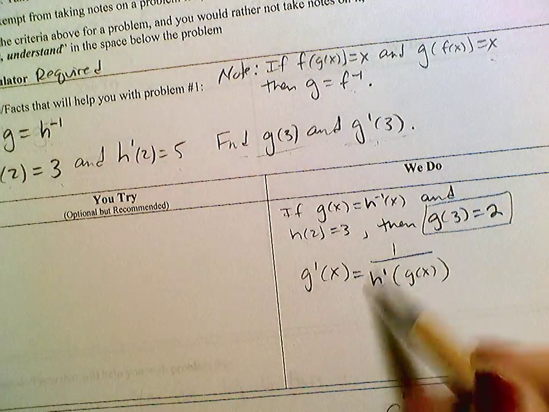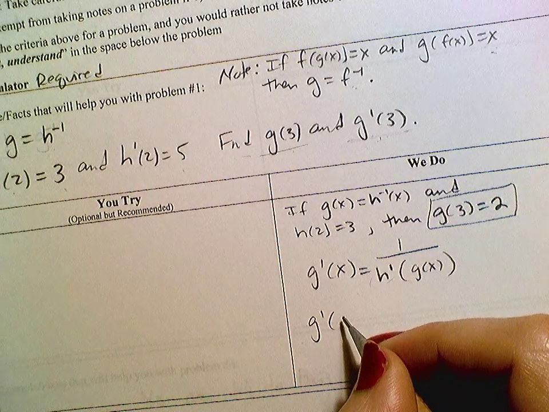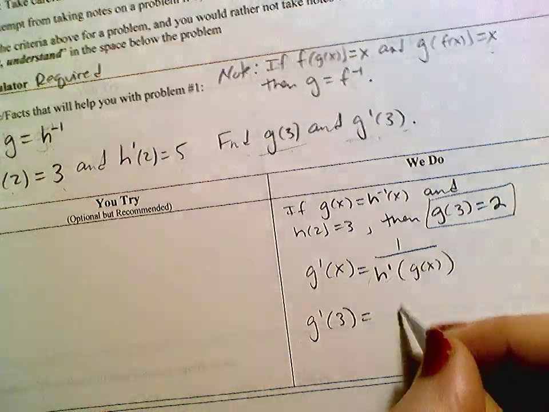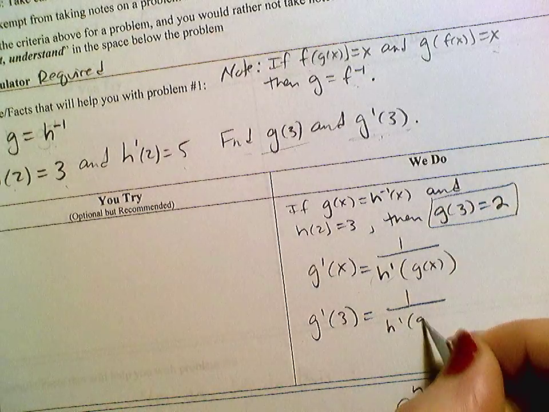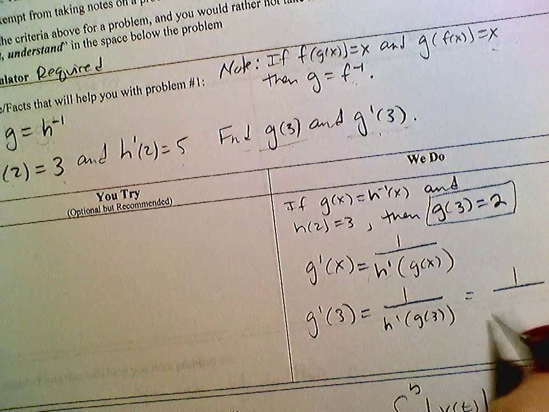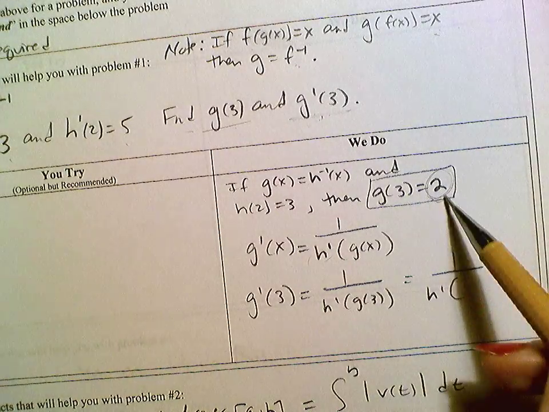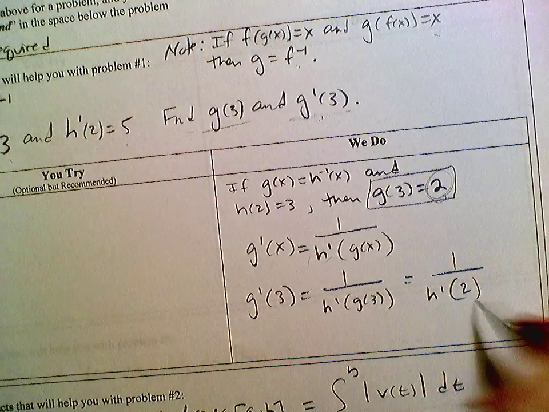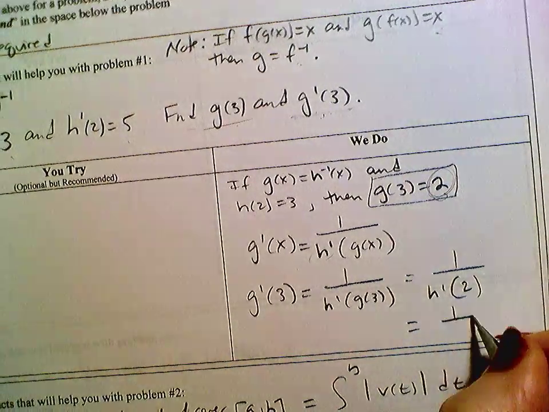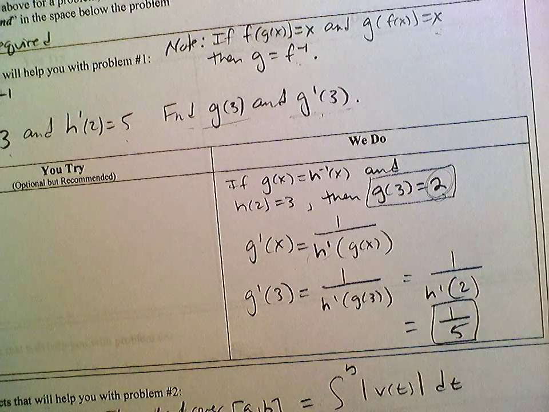Usually there's an f there. So g prime of 3 is equal to 1 over h prime of g of 3, which is equal to 1 over h prime of 2, and they gave us that.